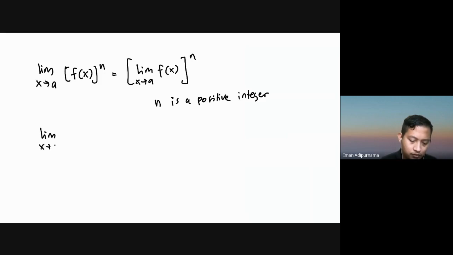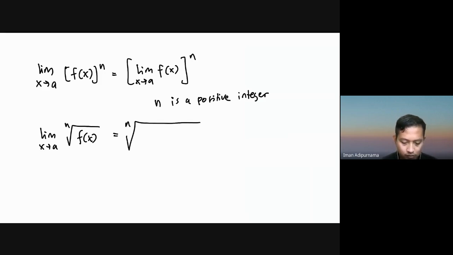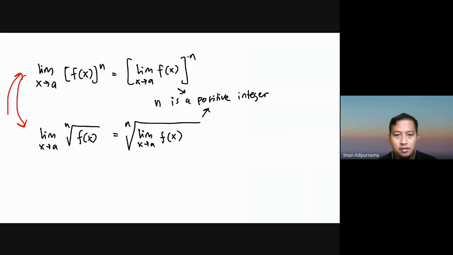And this is also the same for roots. They don't need to be positive integers. Why am I not writing the negative integer? Because if I write negative 1, it will be going back and forth too long. But I think you get my point here.